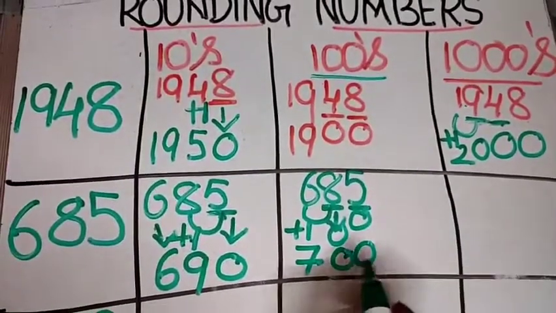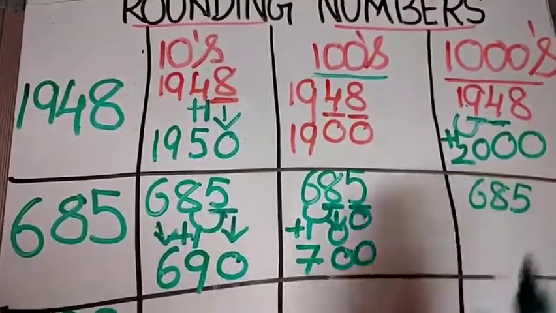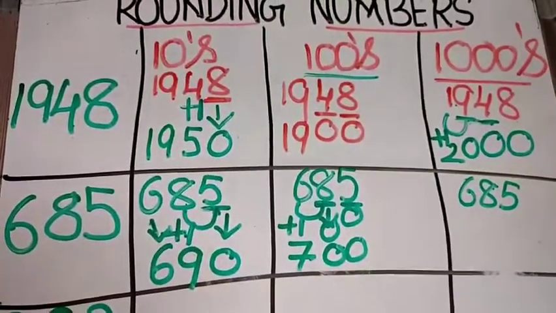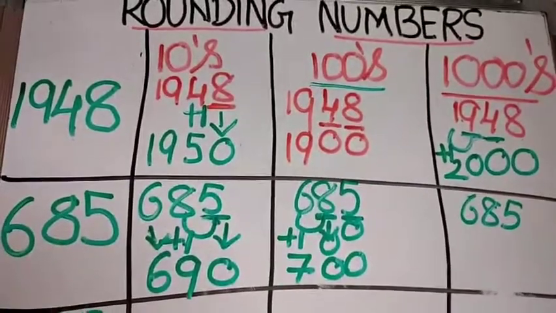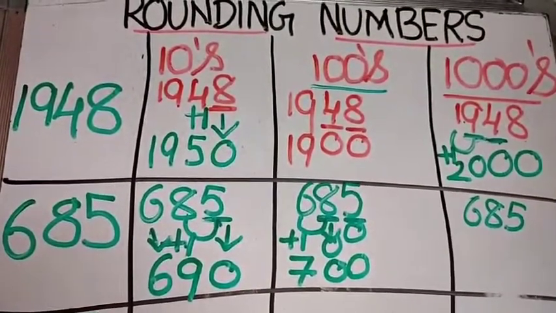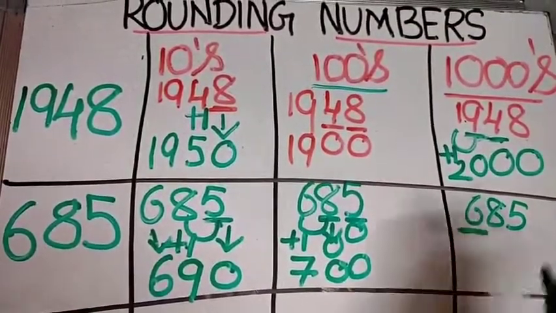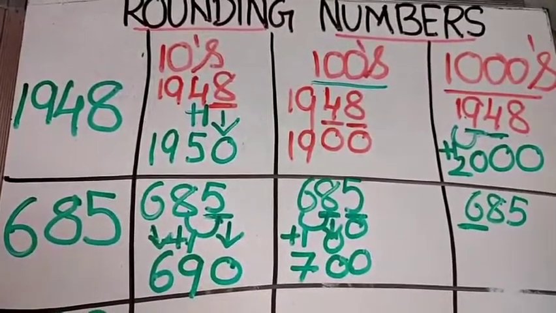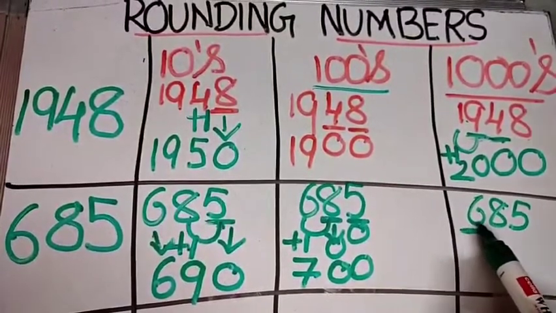Now let us check for 685 to nearest thousands. So check whether we will be able to find the rounding number of 685 to nearest thousand or not. Let us check. If you observe 6. So while we are checking for the nearest thousands, we have to check for the hundreds place digit.